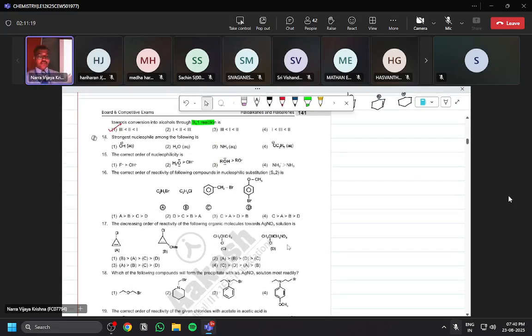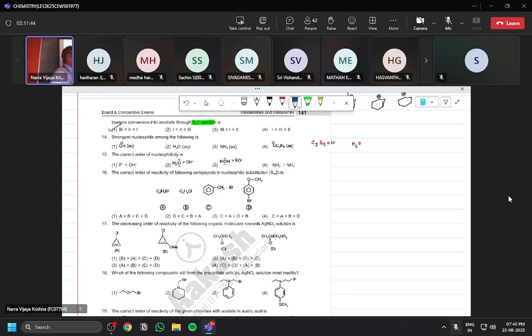This we have seen. Strongest nucleophile among the following. Which is the strongest nucleophile? Generally, negatively charged species are good nucleophiles. Now, among these two, I need to check. Both have oxygen donors. One is ethyl alcohol and another is water.